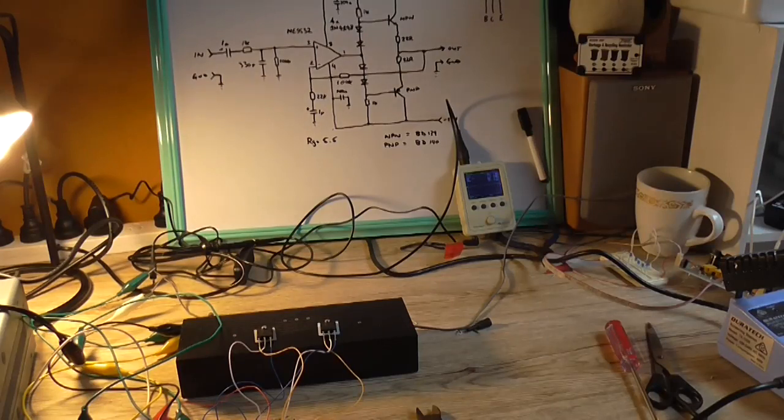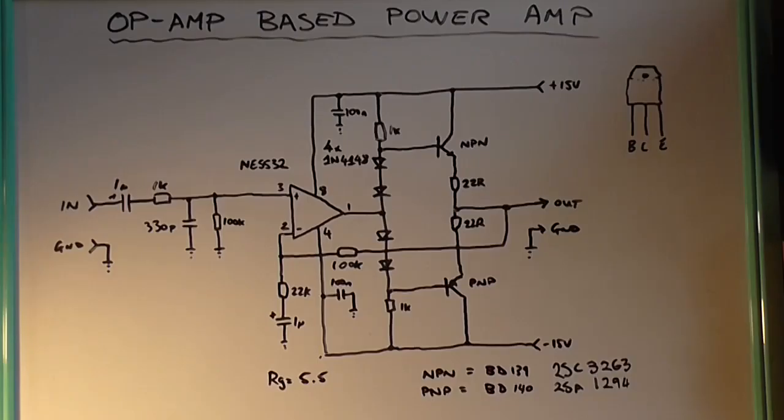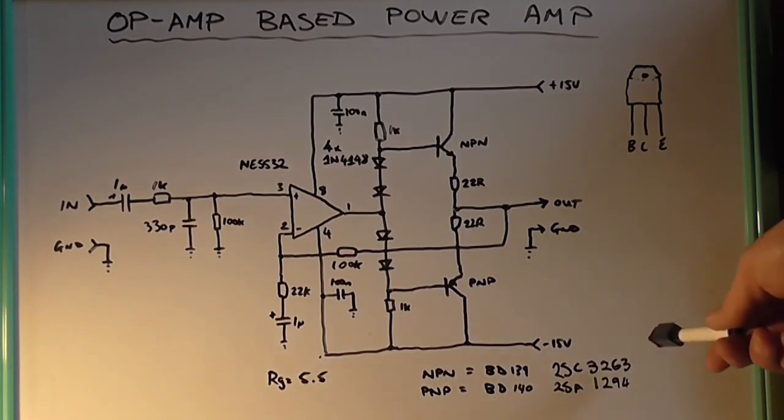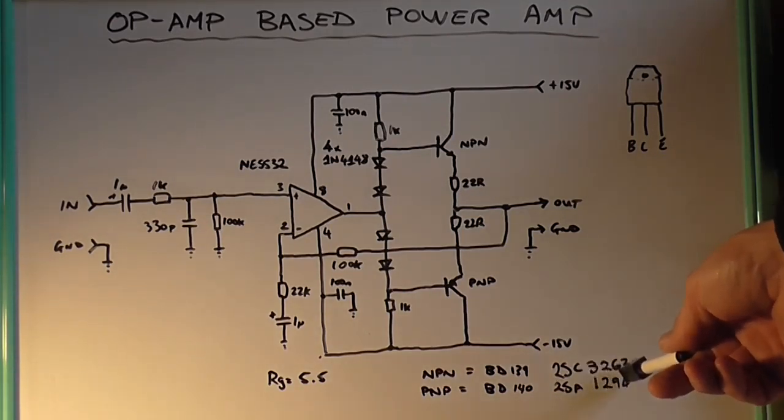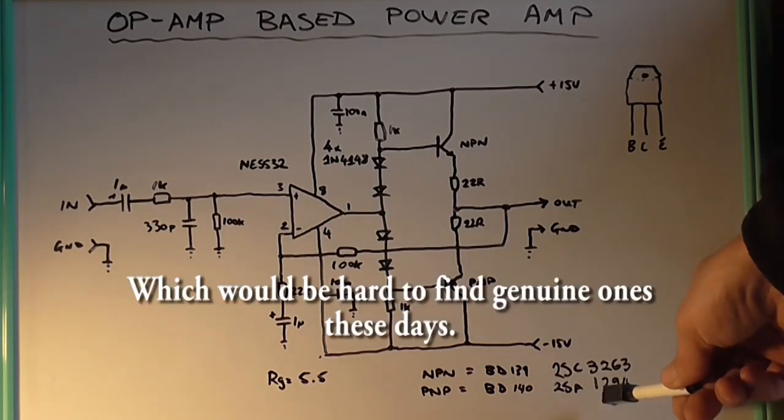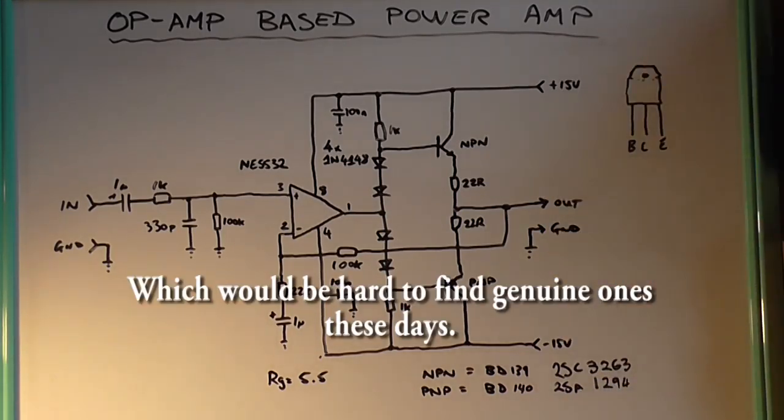So let's get on to my conclusion. In conclusion, the circuit in its current configuration works, and it works very well. I'm using a complementary pair of Sanken transistors, 2SC3263 for the NPN and 2SA1294 respectively for the PNP.